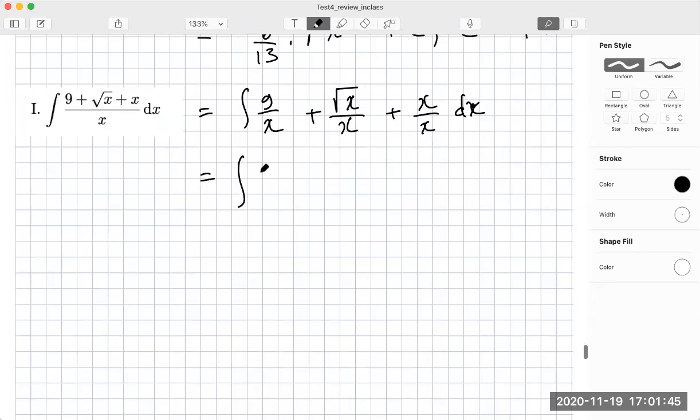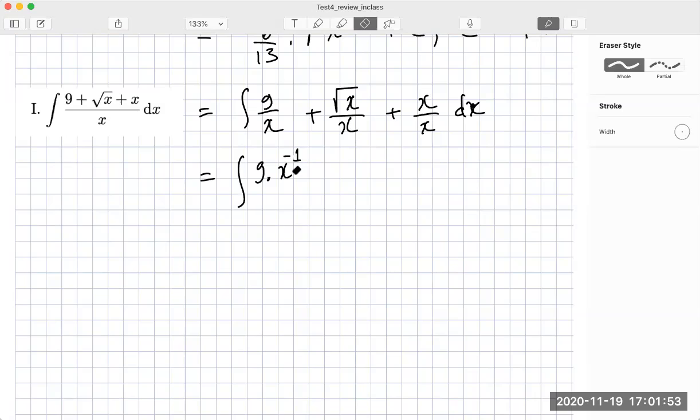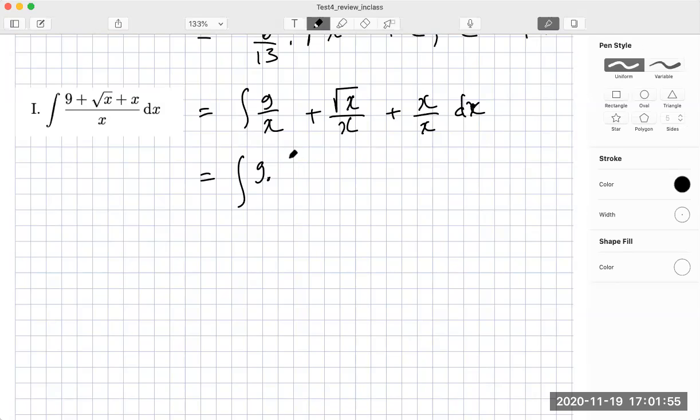9 over x, or we can write it as 9 times x to the negative 1. Or let us just leave it this way, 1 over x. And here, square root of x is x to the 1/2, right? And x in the denominator, oh, this is plus.